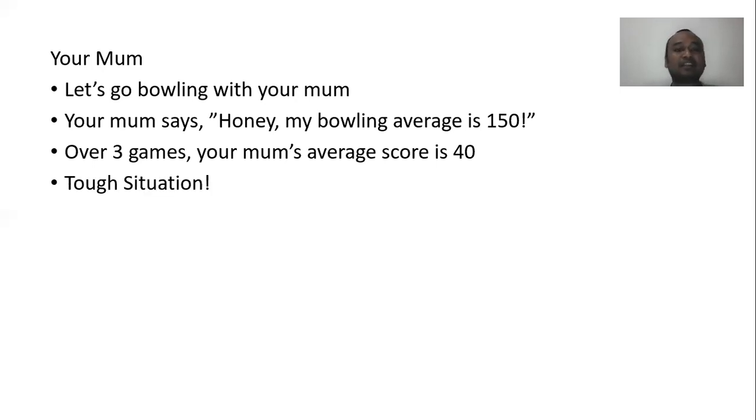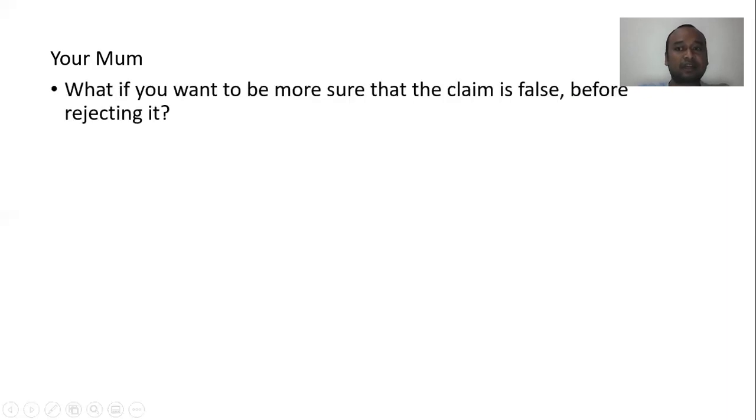Now it is a tougher situation, because it is not easy for you to call your mom a liar, because she will not cook dinner for you if you call her a liar.